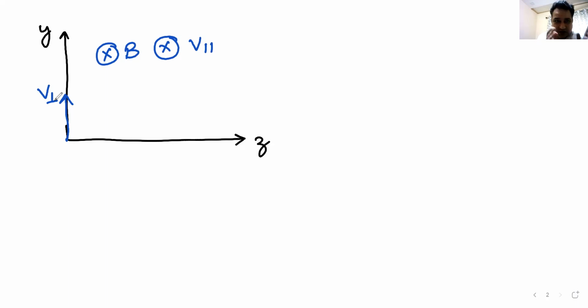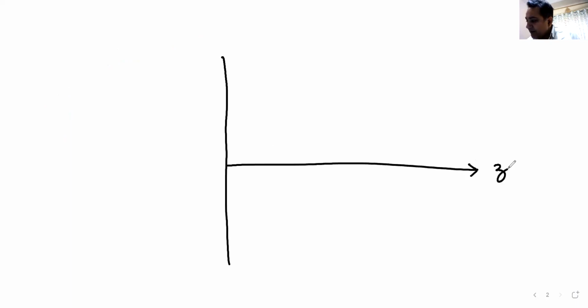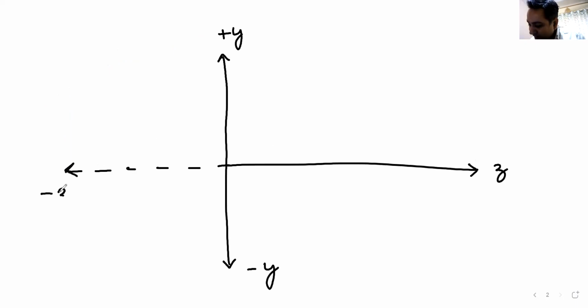Since I have drawn the diagram a little on the left side, I'm going to clear all drawings and draw another diagram right at the center so that we understand what is happening here. This is your plus z axis, this is your plus y axis, this is your minus y axis, this is your minus z axis.